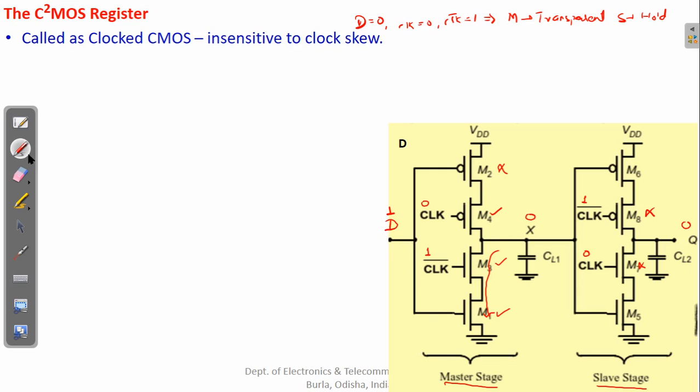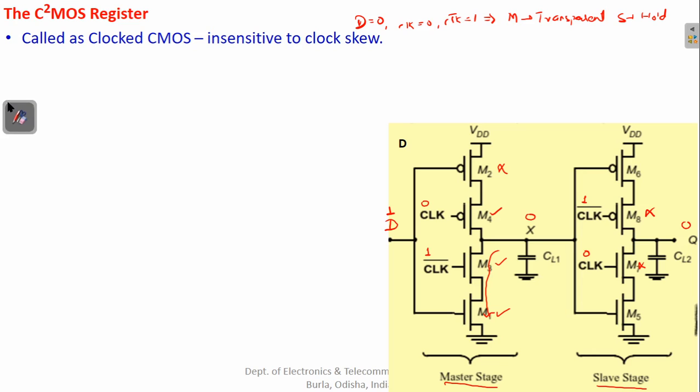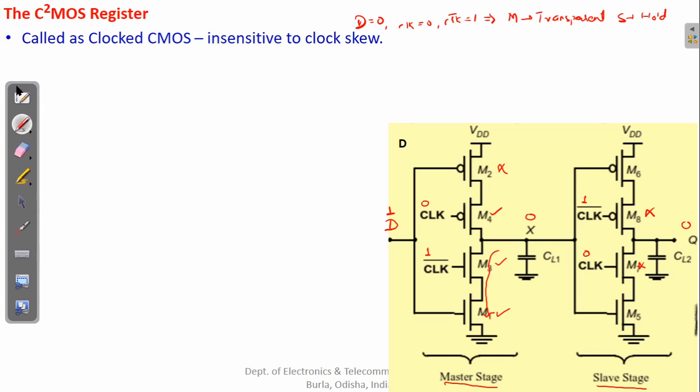Suppose D was 0 here, that would have made this M2 on and this NMOS off, and in that case X would have been connected to VDD via these two transistors that were on, making X the value of 1, resulting in the charging of this load capacitance.